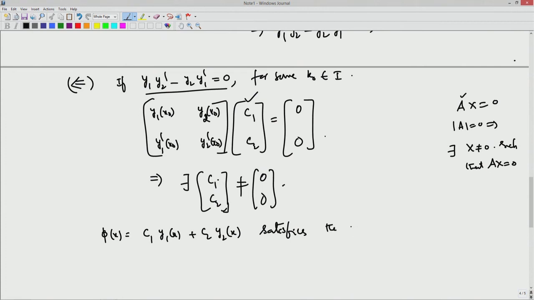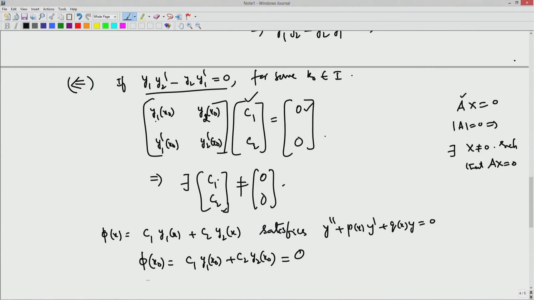The ODE is y double dash plus p x y dash plus q x y equal to 0. And what are its values at x naught? Phi at x naught is C1 y1 at x naught plus C2 y2 at x naught. You multiply this vector with this, and that is 0.